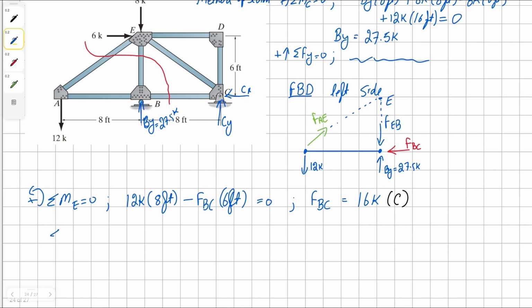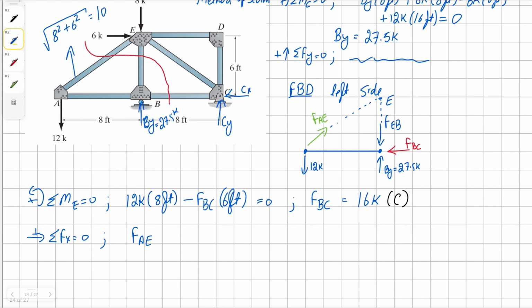Now we can sum the forces in X direction to find our solution for member AE. So we're going to have horizontal component of member AE, which is simply going to be AE times our horizontal component. To find our horizontal component, we need to find the length of member AE, which is simply going to be, using Pythagoras theorem, 8 squared plus 6 squared.